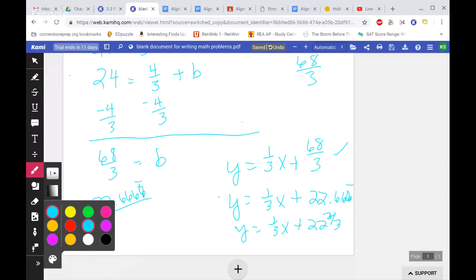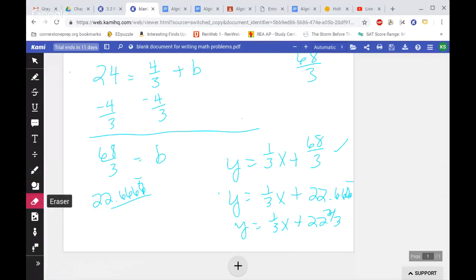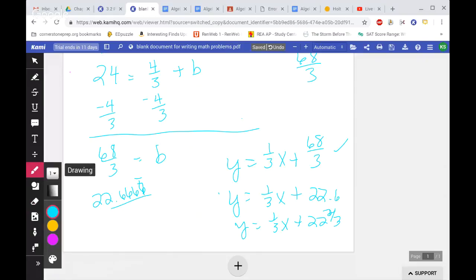Could you just do 22.6 repeating, instead of writing 666 and then the repeating sign on top of the last 6? Yes. Let me make sure that I'm writing it exactly like you would like. Did you do that or did you do this?